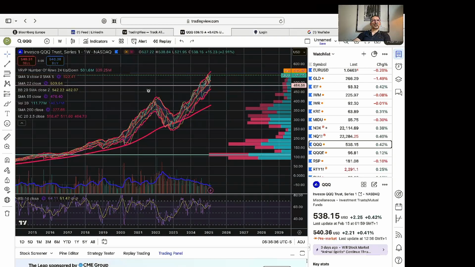There is also some psychological and technical resistance at 540, which is basically the all-time high. The price has rallied very strongly.